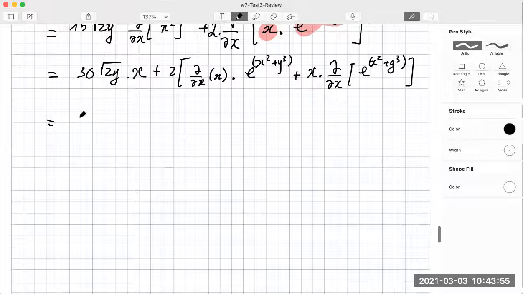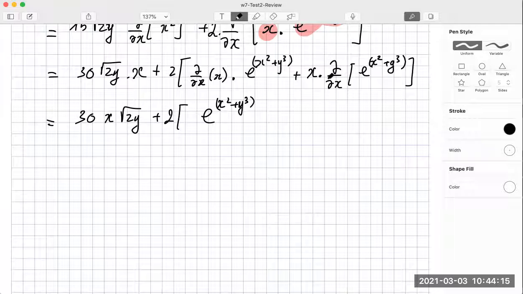Therefore, we can simplify it. 30, let us write it as x square root of 2y. Here, the number 2 is outside, and the partial derivative with respect to x of x is 1. It will be e to the x squared plus y cubed. Correct. Here, it will be x times the partial derivative of this; we use the chain rule, d over dx of x squared plus y cubed, times e to the x squared plus y cubed.